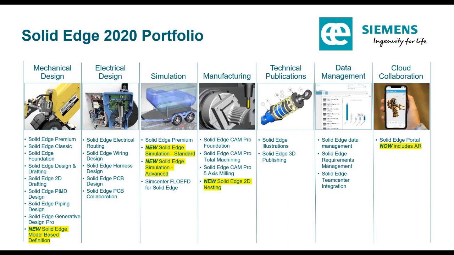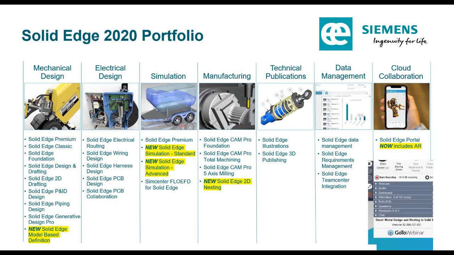Solid Edge covers everything from mechanical design, which has new solid-based model definition built into that, electrical design, which came out last version, which now includes full electrical routing, wiring design, harness design, and interactive working with Solid Edge, the PCB design and collaboration, which is completely collaborative with the Solid Edge tools.